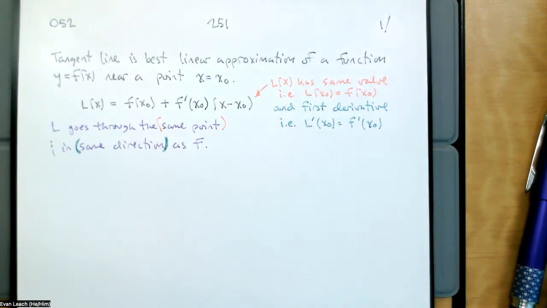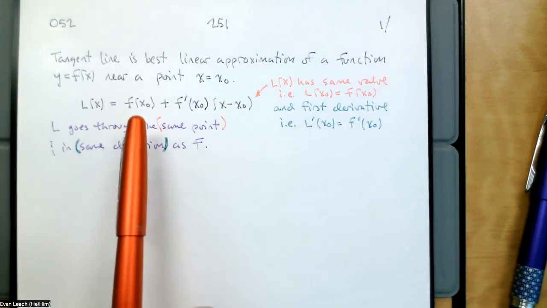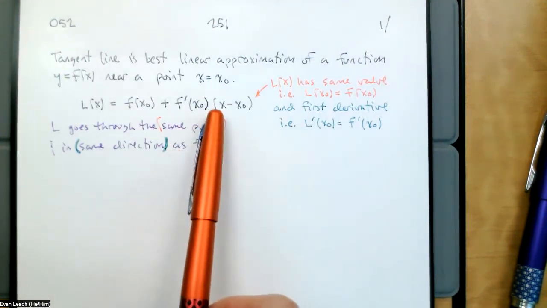Notice that the structure of L tells us these things already. So if I look at L of x as f at x naught, remember x naught is a constant. F at x naught is a constant. F prime at x naught is a constant. This is where the variable is.